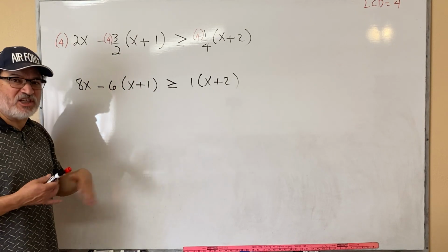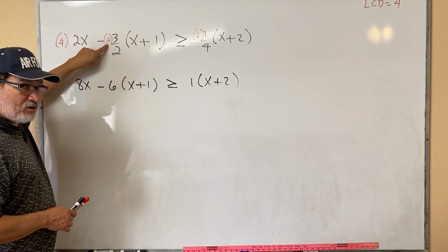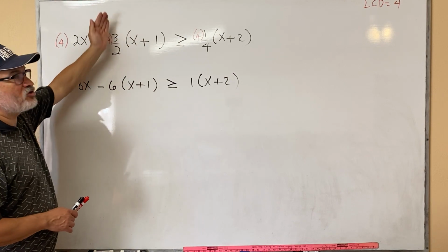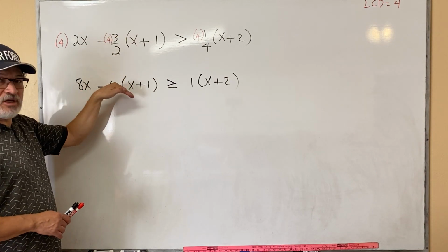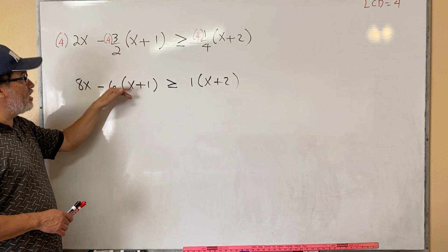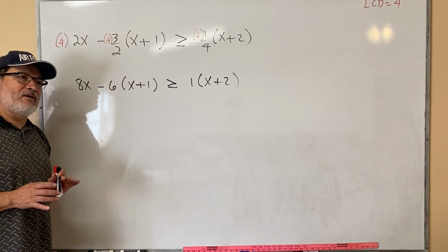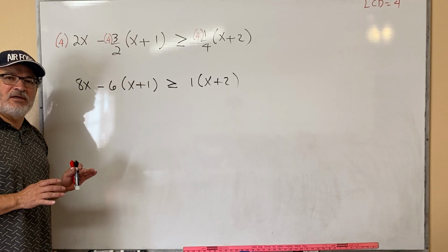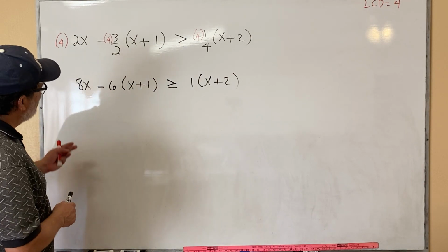No one is being cheated, including this 4. The 4 also goes in. The 3 goes in. The 2 goes in, the denominator goes in. Okay? So like I'm saying, we don't worry about parentheses until fractions are gone. Okay? So distribute.